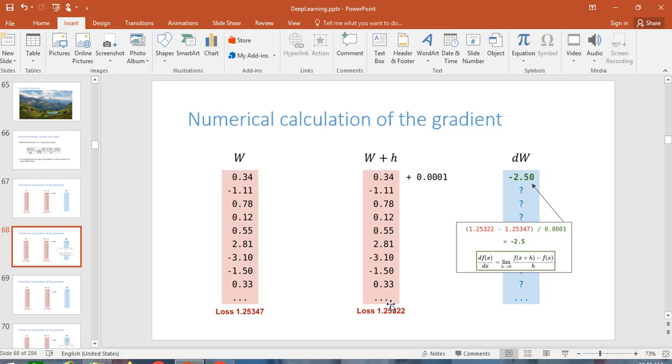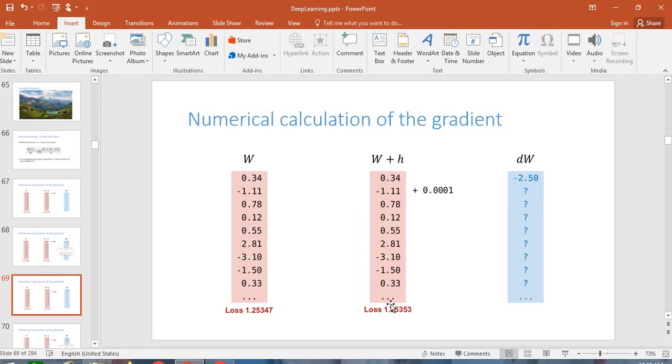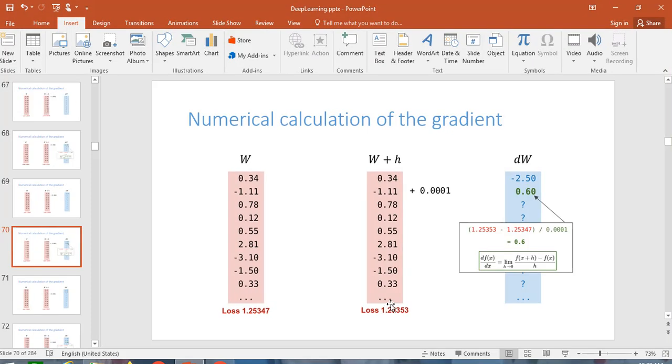This dw we have written is actually the same as dl divided by dw, which we have written here as dw for simplicity, because w is a vector.